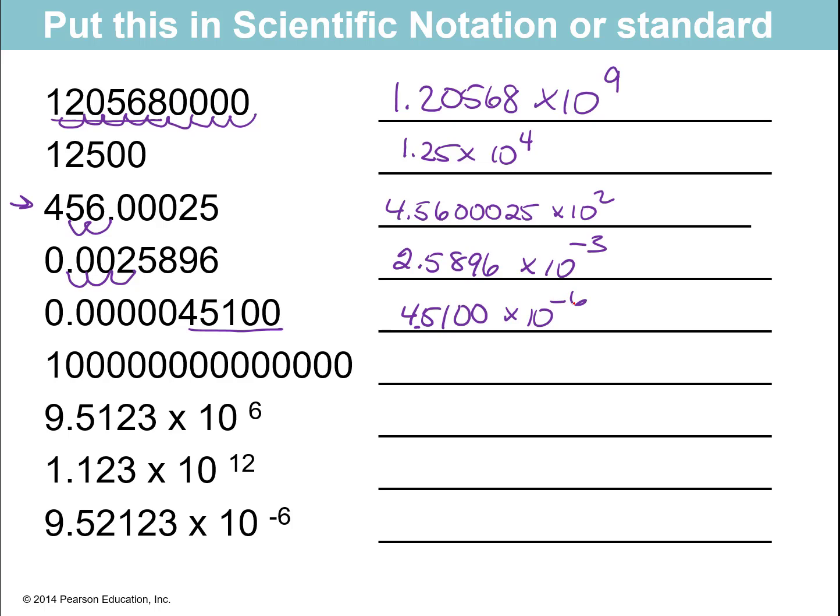This one just looks like those zeros all run together when I start trying to count them. So that's why I always do little loops, because there's a lot of zeros. It's easier to just go 1, 2, 3, 4, 5, 6, 7, 8, 9, 10, 11, 12, 13, 14. Okay? So that way you make sure that you don't double count zeros. So this would just be 1 times 10 to the 14th.